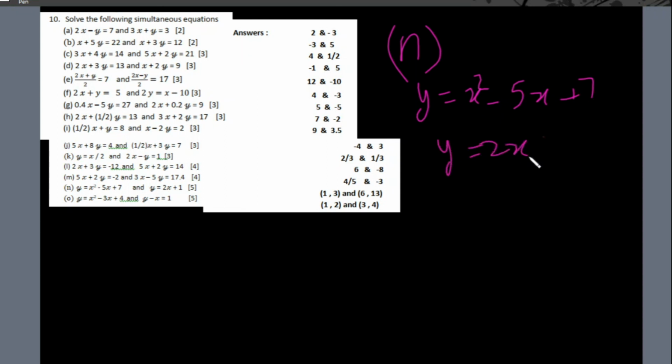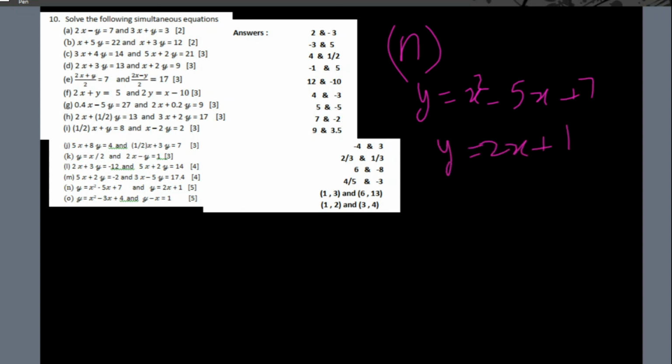Now let's do parts N and O, which are relatively new to the syllabus, a new entry to the syllabus 2020 to 2022. So we have y equals x square minus 5x plus 7, and then we have y equals 2x plus 1.